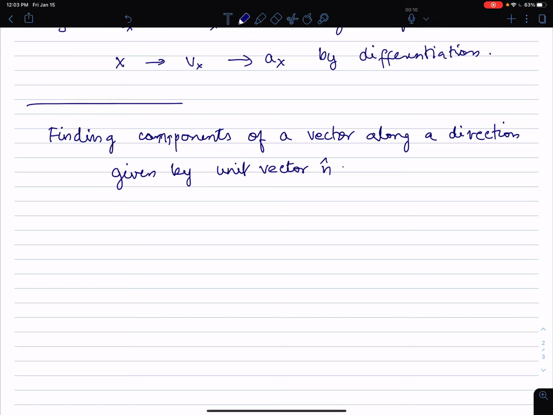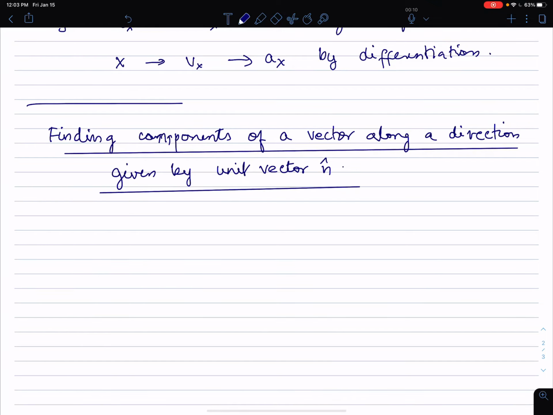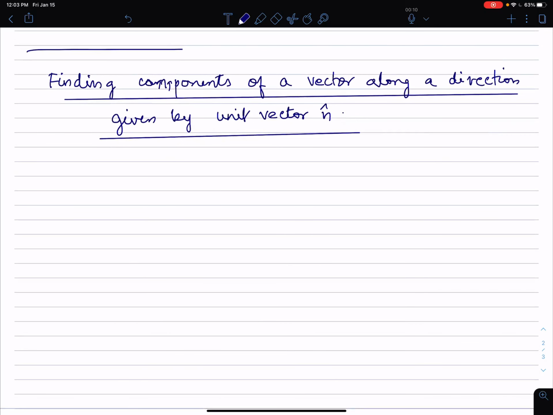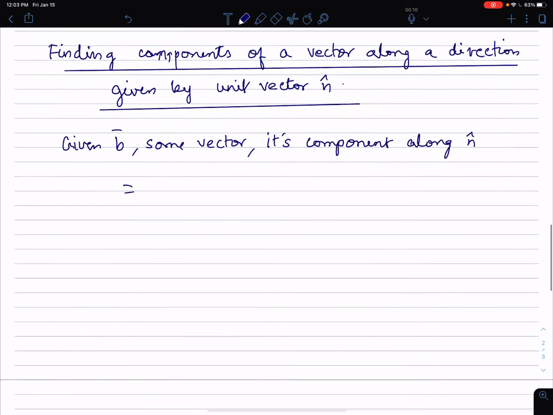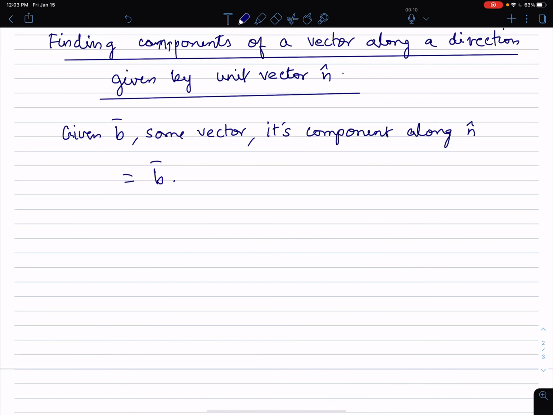Okay, so what do we mean by this? Given some vector b, its component along n is given by b dotted with n. Okay, that's the expression.